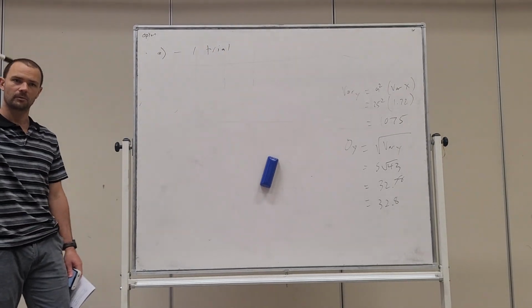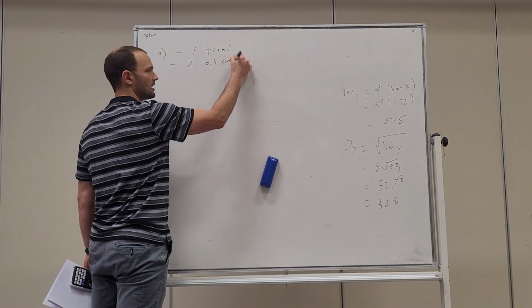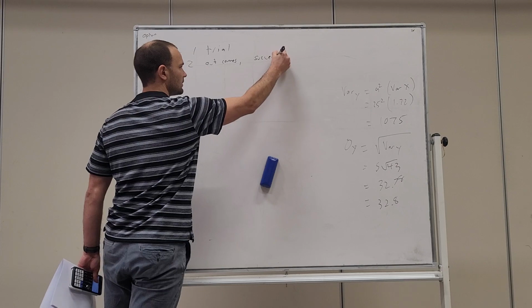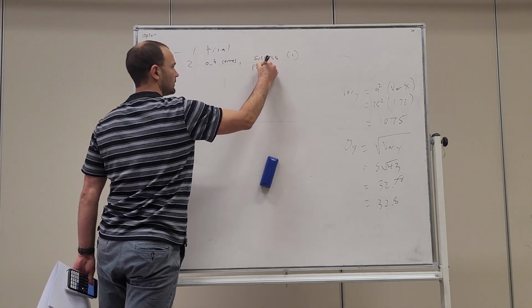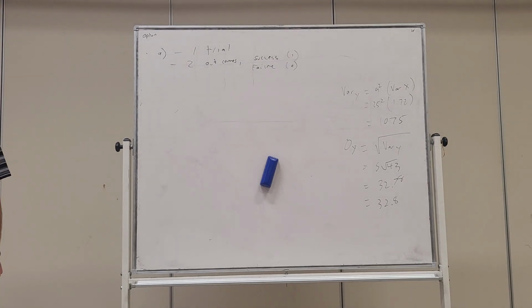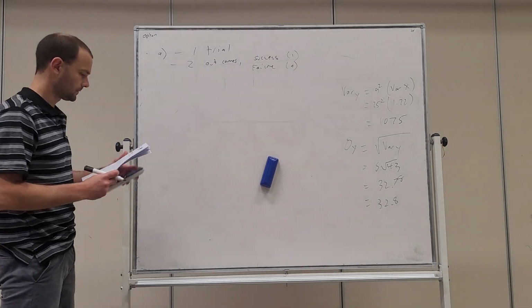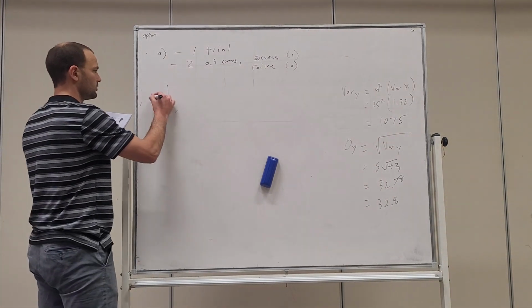Okay, you're repeating the experiment once. And there are two outcomes which are declared as success or failure. Okay, so we have two clear outcomes, we've got 1 or 0.